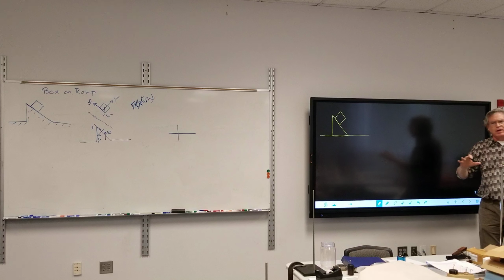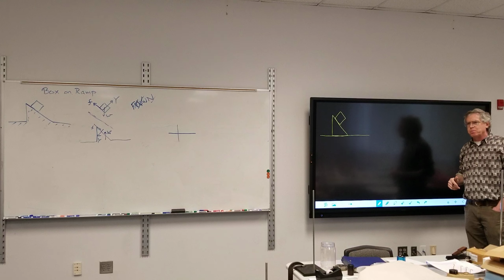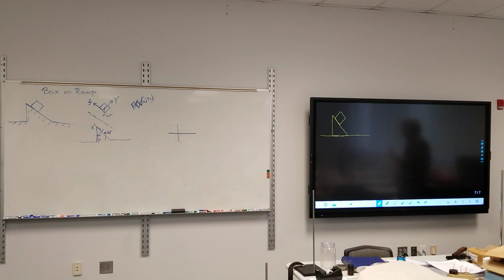The ramp is a separate object. Now, if given a problem and I'm asking you to do a force diagram, how do you know which objects are separate? I mean, we could treat the top half of the box and the bottom half of the box as separate objects if we want to. On the test level problem, when I ask you to do the complex force diagram, I will break the objects up and separate the objects on the page so you don't have to figure out what are considered the same object or different objects.